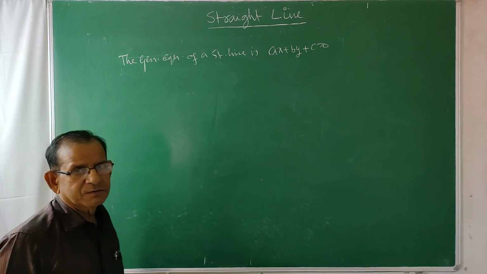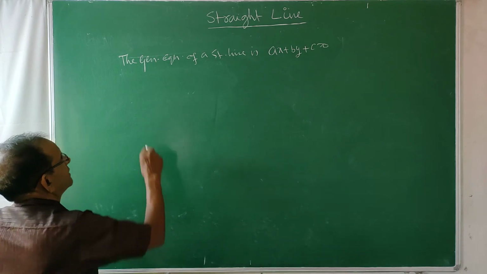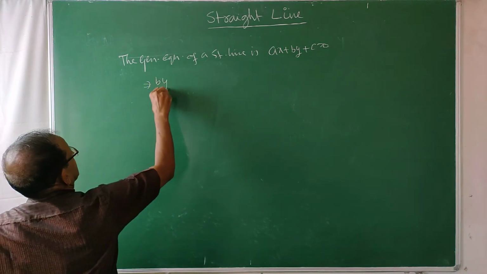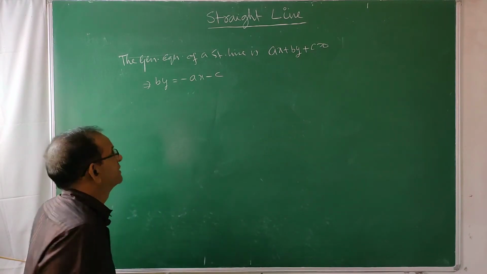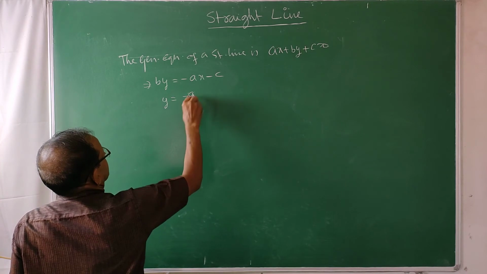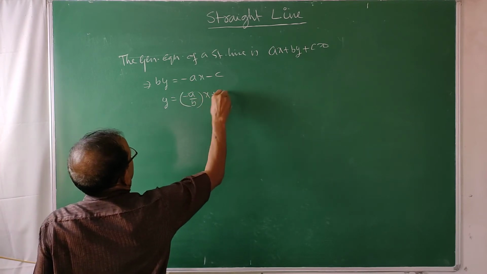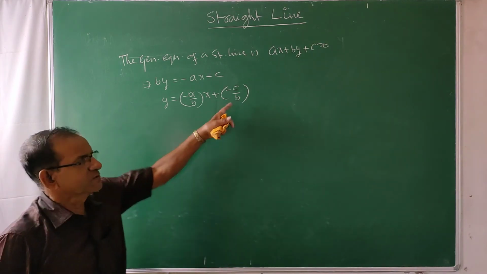If you want to find the slope, you have to convert it into y is equal to mx plus c. That implies By is equal to minus Ax minus C. Bring those two terms to the right side. Then y is equal to, dividing both sides by B, minus A by B into x plus minus C by B. Now it is in the form of y is equal to mx plus c.